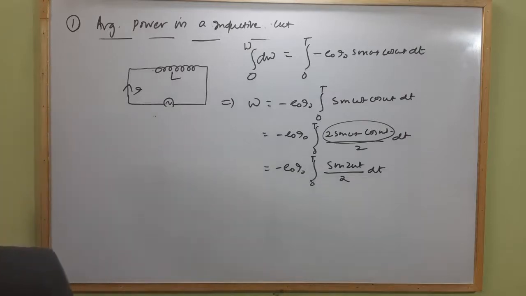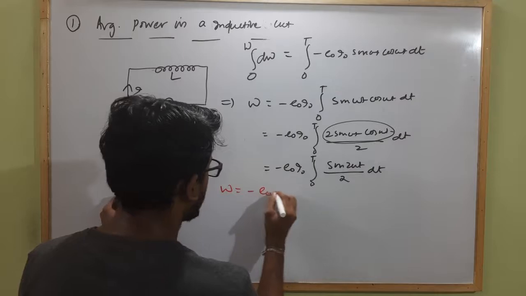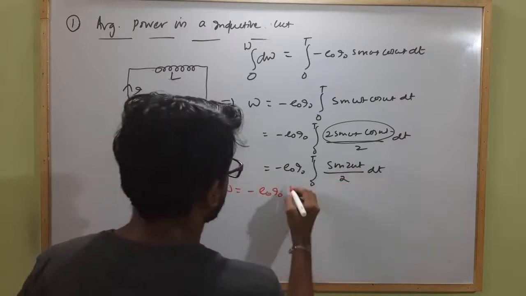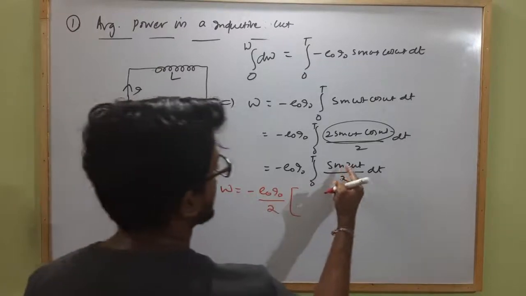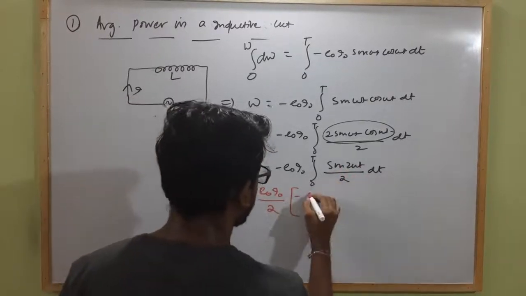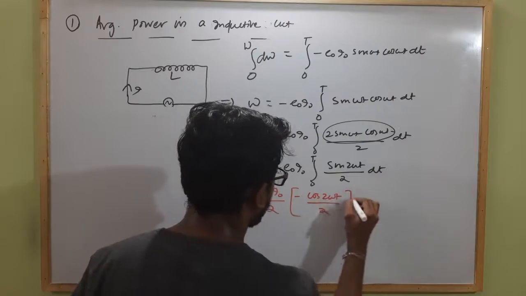So now what is the integration, as you already did in case of capacitive circuit. So the total work done will become minus E naught I naught, taking 2 out of the integration. Sin 2 omega t will be minus cos 2 omega t divided by 2.